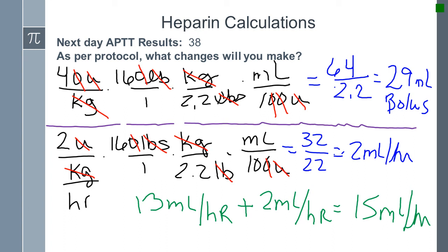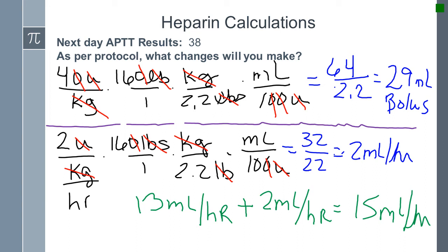So 32 divided by 22 is going to give me 1.4545454545. So basically 1.5 or 2 milliliters per hour is going to be our change. And so it said that we're going to increase it by that. So what we were giving a while ago was the 13 milliliters per hour.